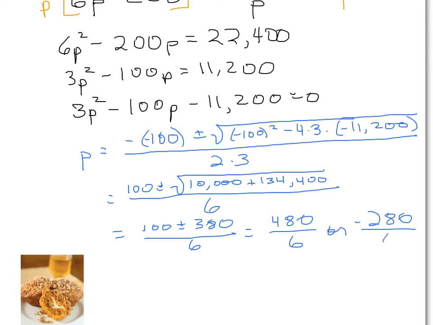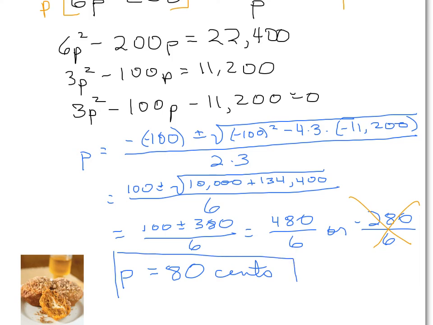And we can discard the negative possibility. So that tells us that p is equal to 480 over 6, which is 80 cents. So when each muffin costs 80 cents, the bakery breaks even. Again, you can check your work by plugging 80 back into your original equation, and you'll find that the equation will then be true.